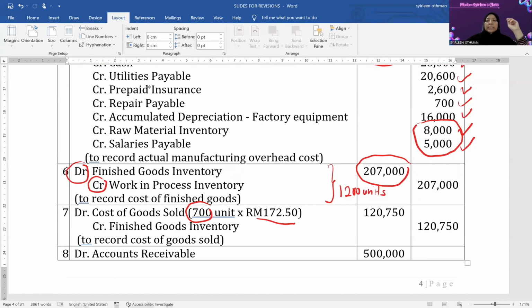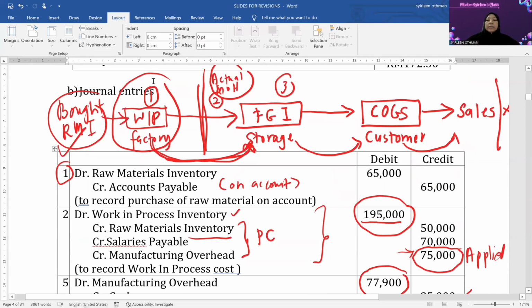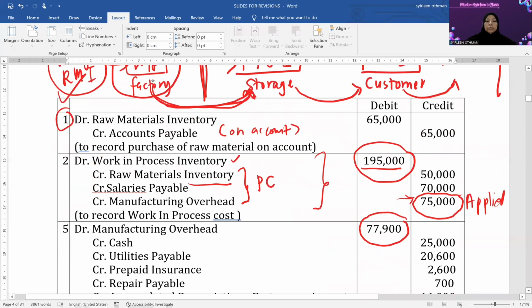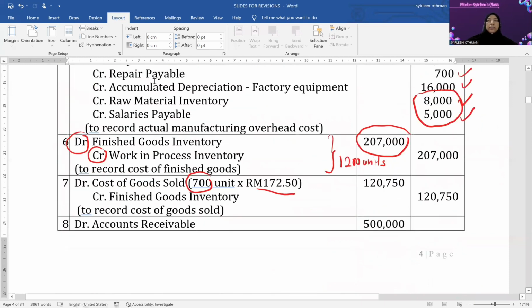So it's my sales, right? I will record sales twice. One at cost price, which is your COGS, and the second one with your actual selling price. So to record COGS, you will debit COGS for 700 units, it's 120,750 ringgit.